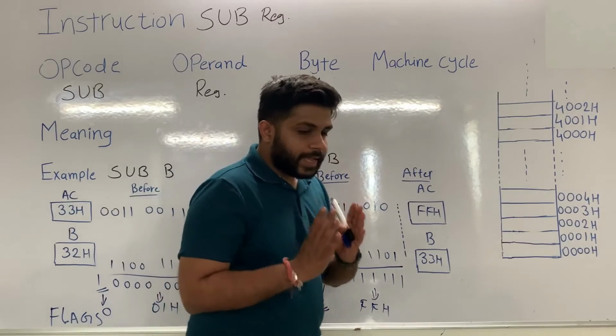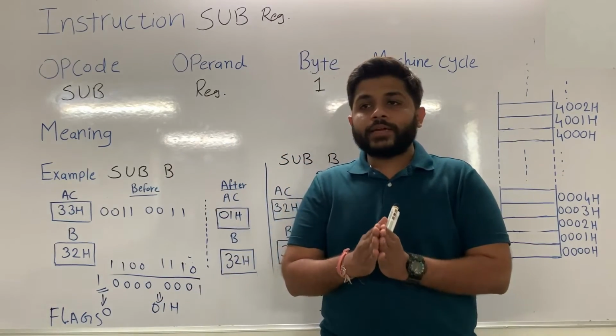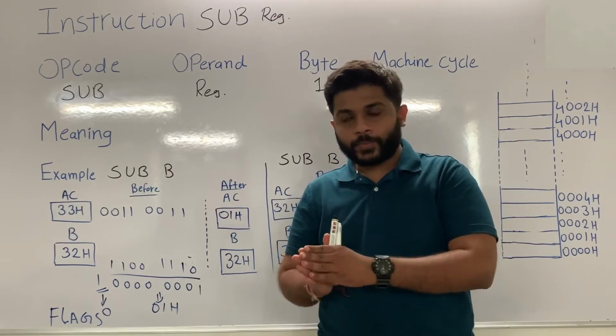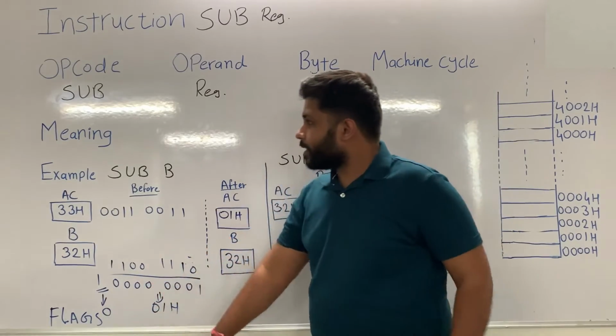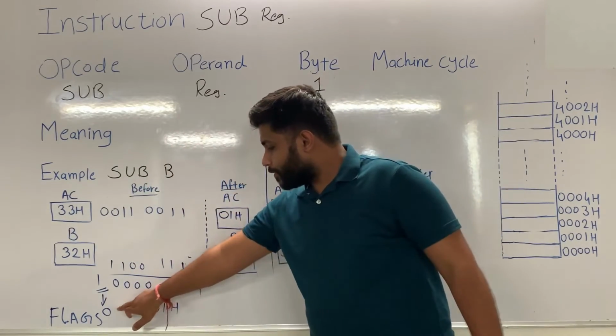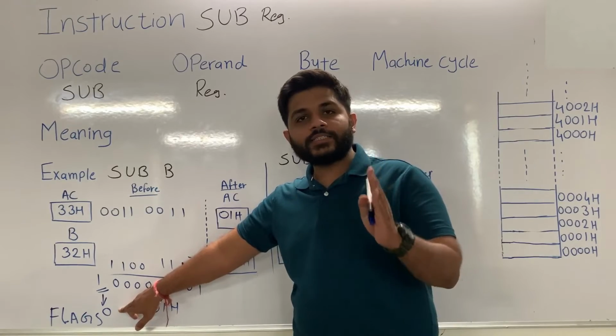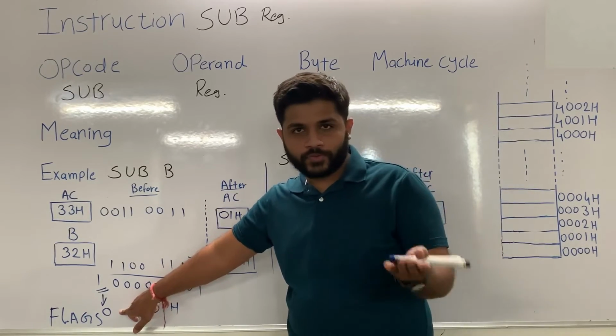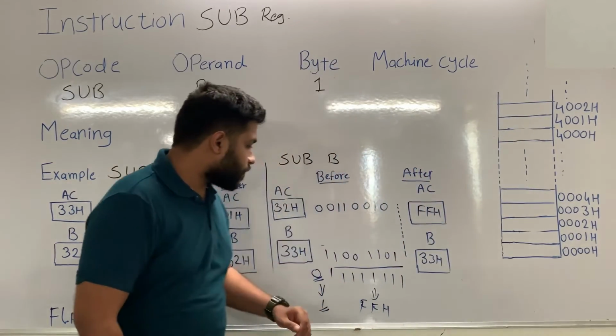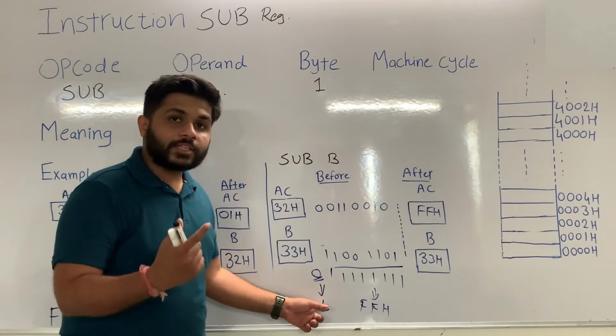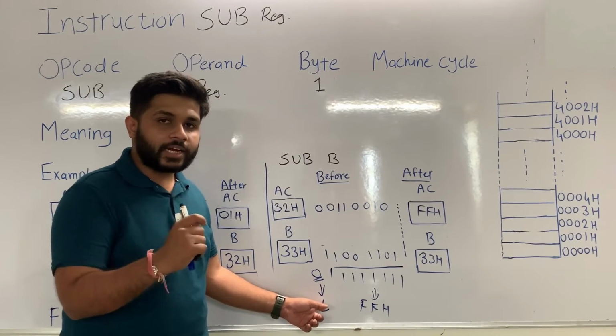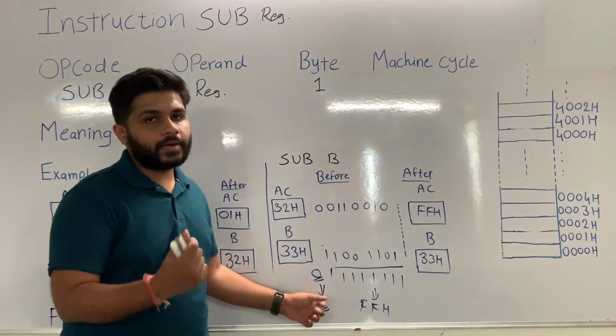So from the carry flag we can get whether the answer is positive or negative. If after performing the subtract the content of carry flag is 0, it means the answer is positive and it is in normal form. And if the content of carry flag is 1 after the subtraction, it means the answer is negative and it is in 2's complement form.